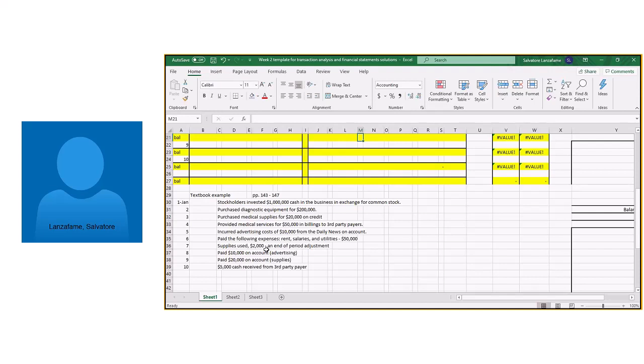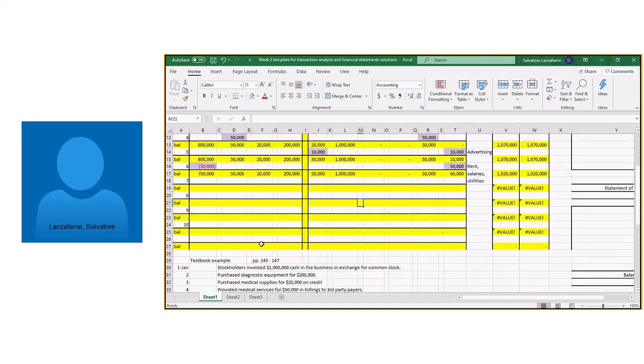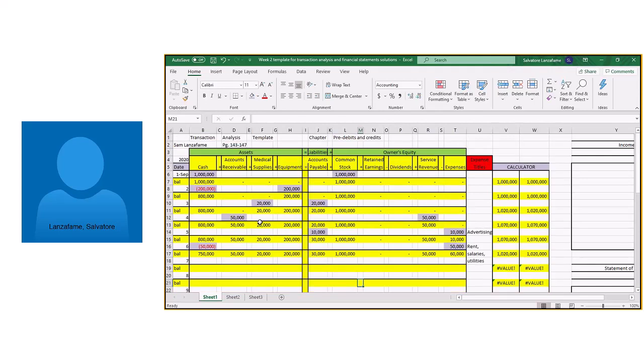Okay, so that means that some of our supplies that we had, which we had 20,000, they're saying we used 2,000 of it. When we first bought these supplies, by the way, we treated them as an asset. Now we're going to write them off. And when you write off an asset, basically you are going to expense it.